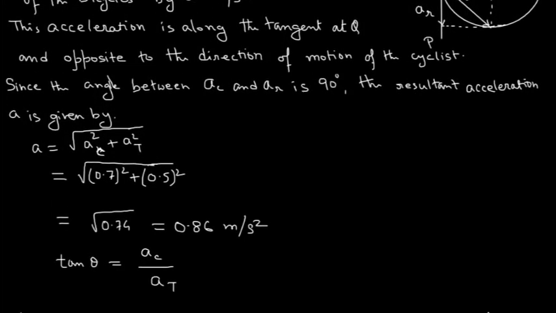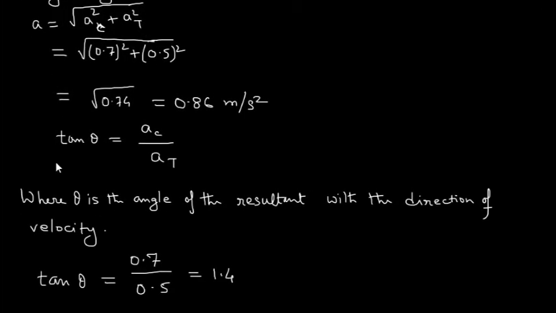Putting the value of AC and AT, we get under root 0.7 whole square plus 0.5 whole square is equal to under root 0.74, that is 0.86 meter per second square.